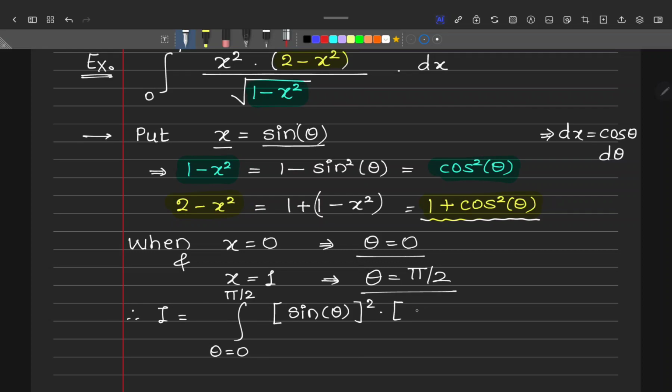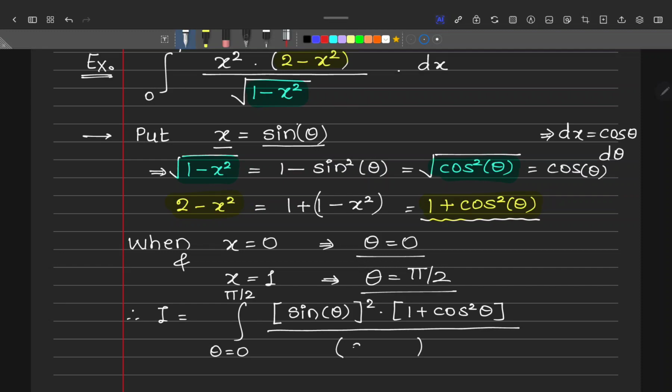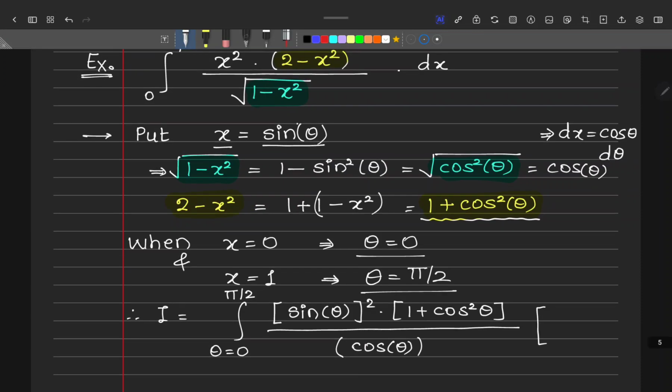Then 2 minus x square will be 1 plus cos square theta. In the denominator, the square root of 1 minus x square will be cos theta. So we take cos theta here, into the value of dx, which is cos theta into d theta.